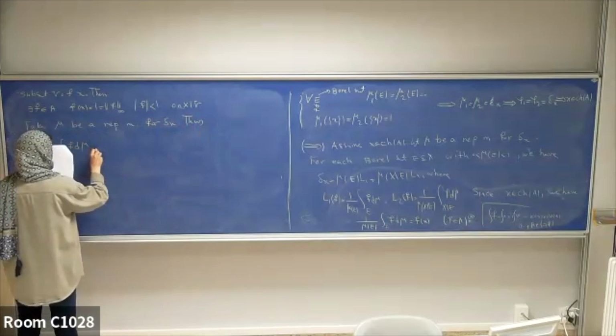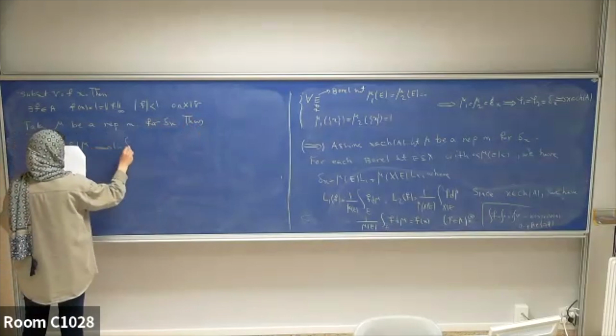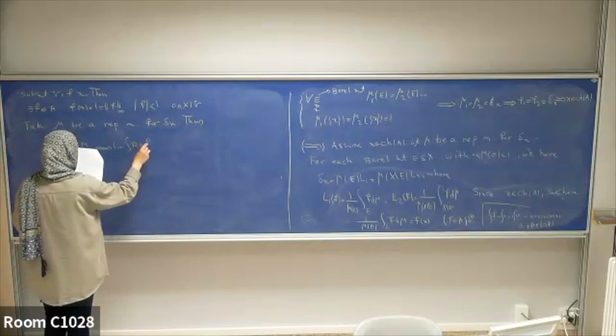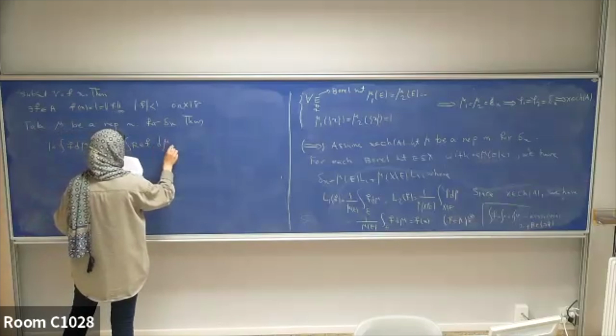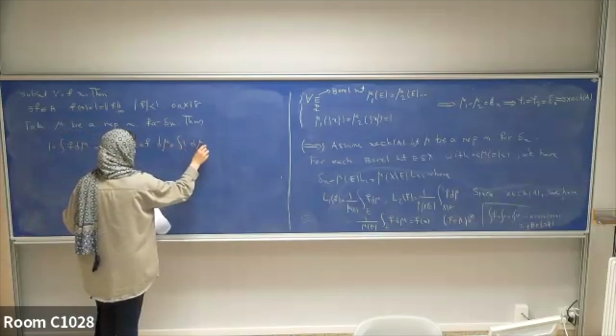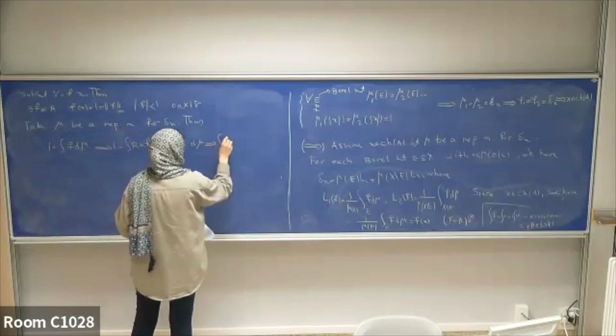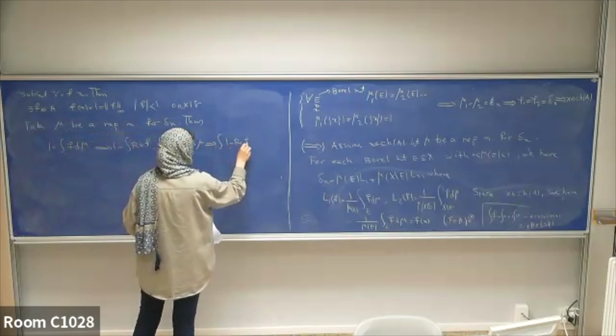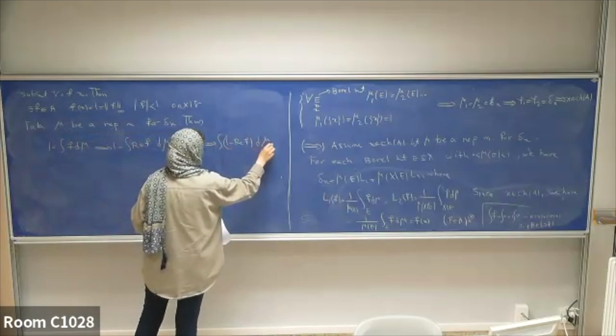Because mu is positive, the integral of 1 minus real of f d mu is 0.